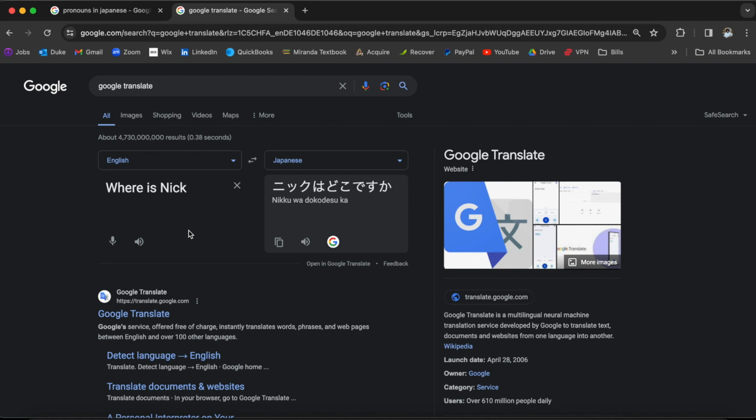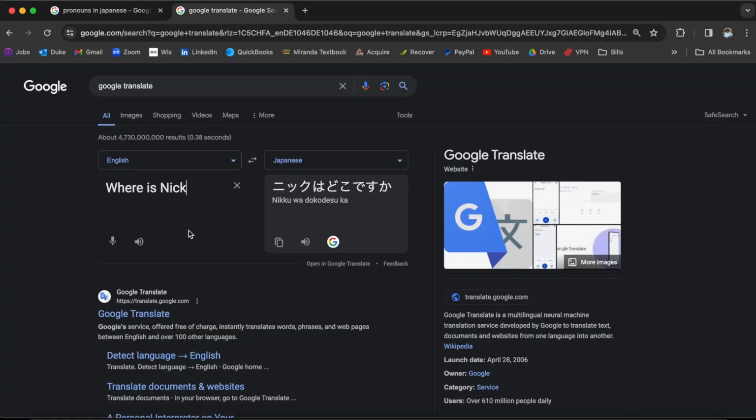I think some sort of identifier or necessary component to the pronoun when you include it in a question. It could be a filler word or some sort of preposition. Where is niku? Niku wa doko desu ka? Niku wa koko desu. Niku is here.